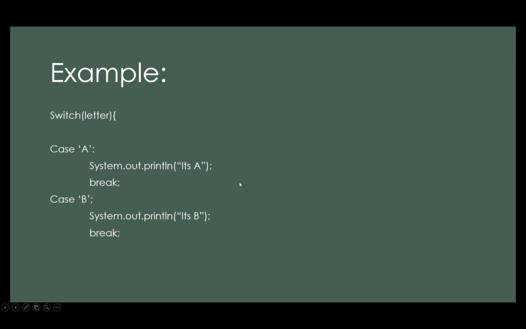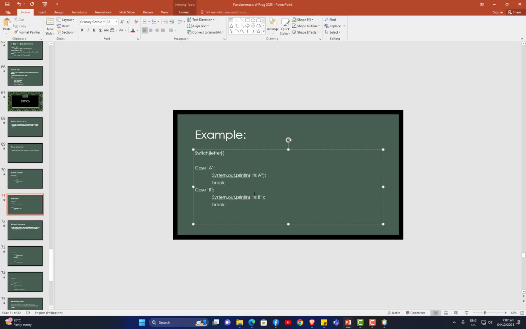If case A, then it's A, and if true, it outputs and then breaks. If case A is not equal, it proceeds to the next condition, case B, to check if it is equal to the letter we assigned here.